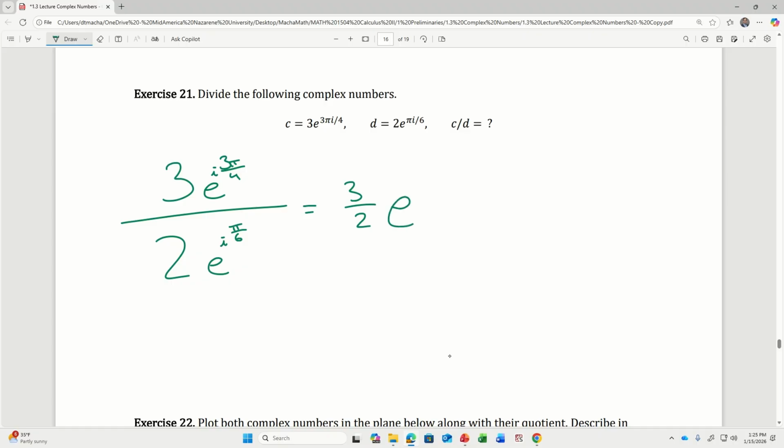And then there's a property of exponents that says if I'm going to divide two exponents with the same base, I should subtract the exponent.